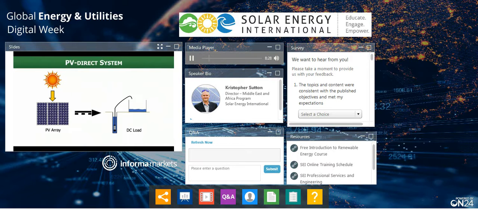Now, the most basic and simple system type, fundamentally, is what we would call a PV direct system. There's not a lot of applications for this, but there are a couple that are very specific. PV direct means we're taking the solar modules and the DC electricity is going to directly run a load with no storage, no inverter, no controls.